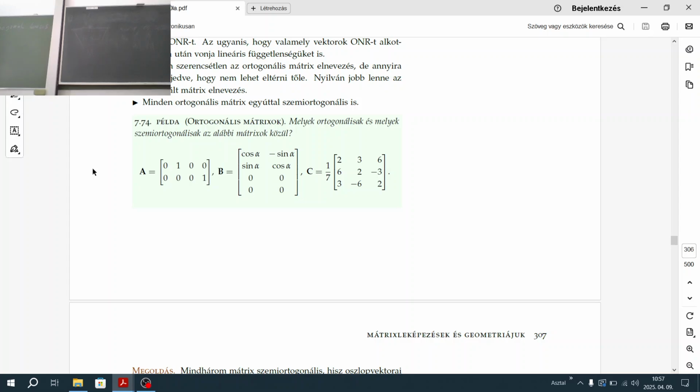Okay, the orthonormal one, for example, could be many things.